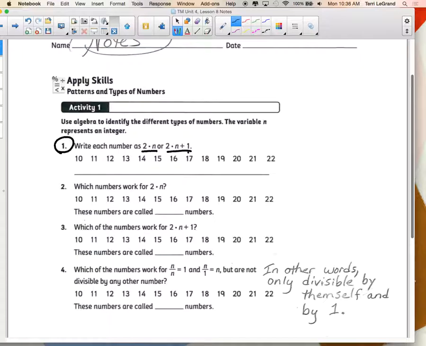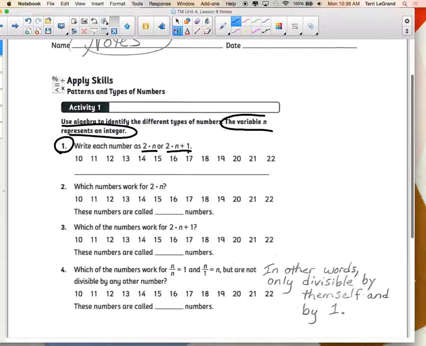So those are both algebraic expressions. We have the algebraic expression 2 times n. We have the algebraic expression 2 times n plus 1. And it says up in the directions, the variable n, let's circle this, the variable n represents an integer. Okay, the variable n represents an integer.